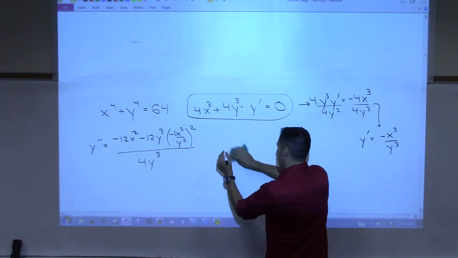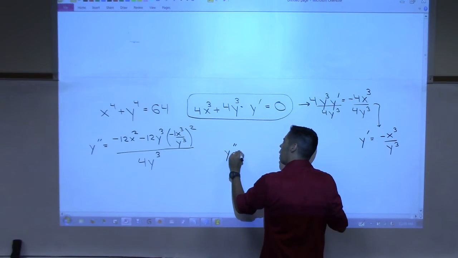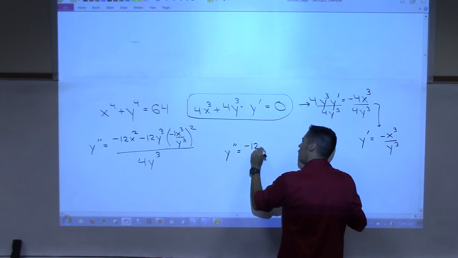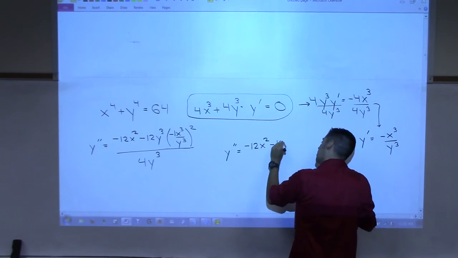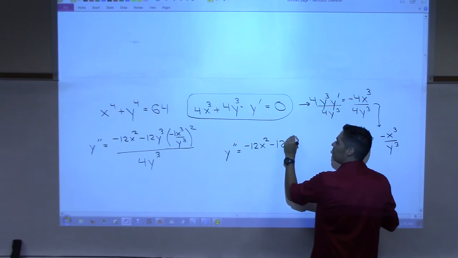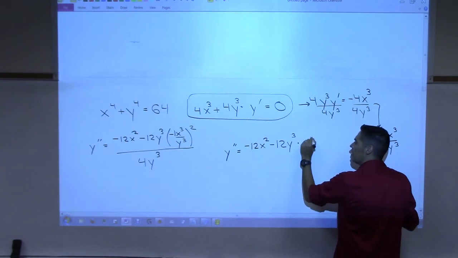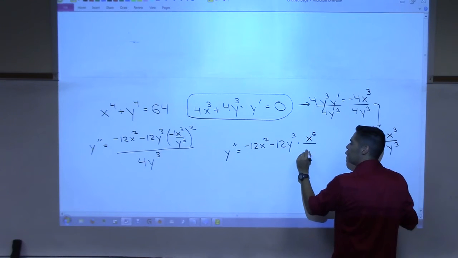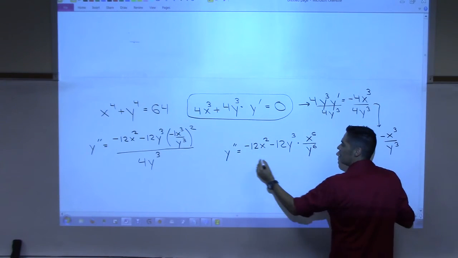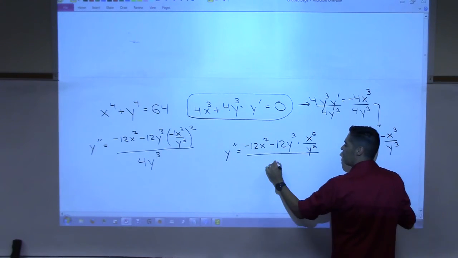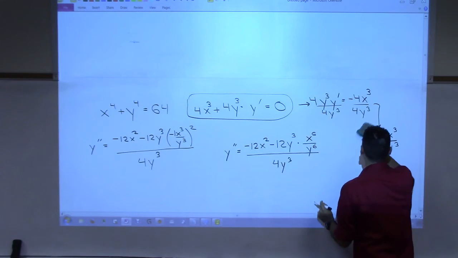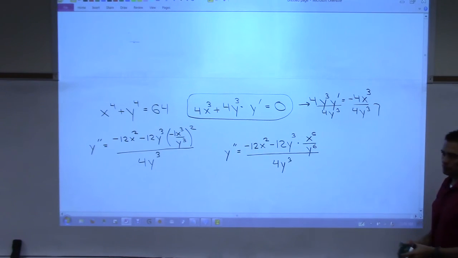So we have this now. Y double prime equals negative 12x squared minus 12y squared, and then you square the top and it becomes x to the 6th, and you square the bottom, it becomes y to the 6th. That's all over 4y cubed. Yes?